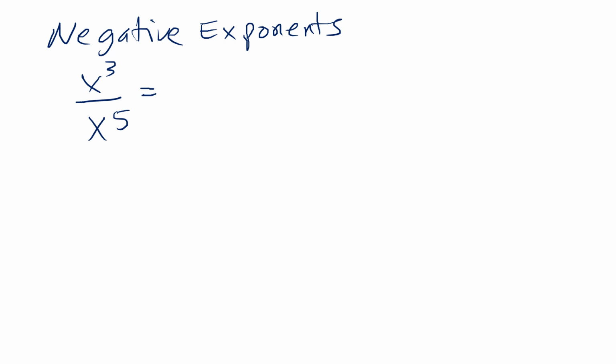So the rule, as discussed in the other video, is x to the 3 minus 5, which is x to negative 2.